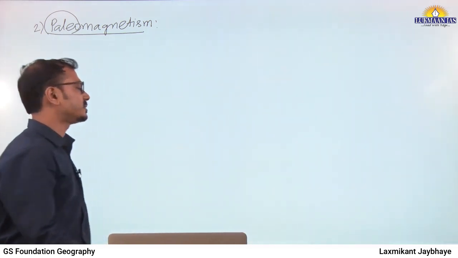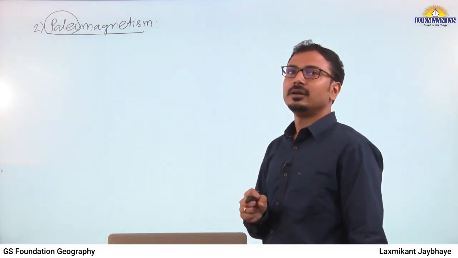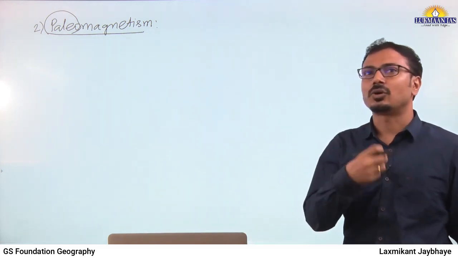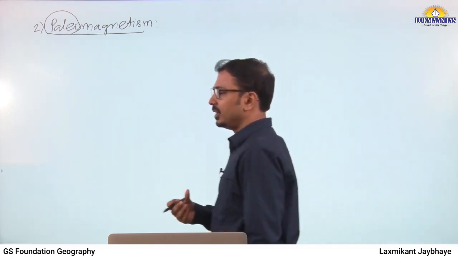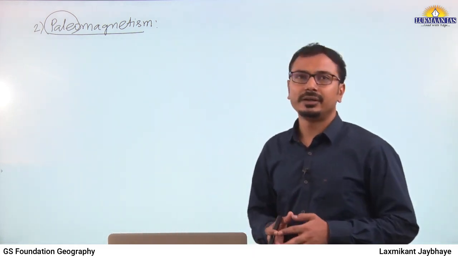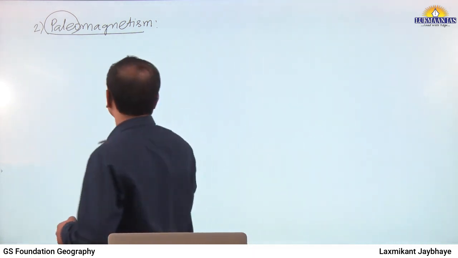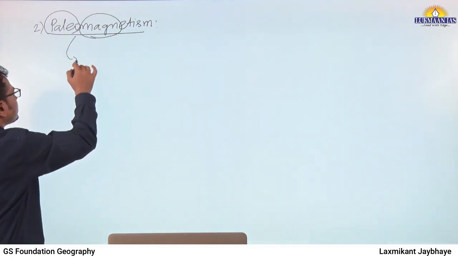So paleomagnetic studies of rocks or the crust that is being formed in the oceanic region, that is the oceanic crust, have helped in understanding that the crust that is being formed in the ocean floor is relatively new as compared to continental crust. Along with that, here we are talking about magnetism, that means magnetic properties.